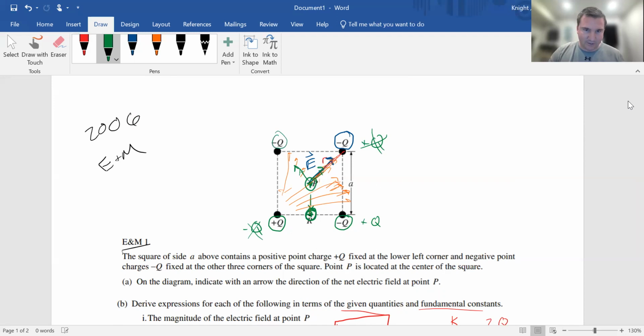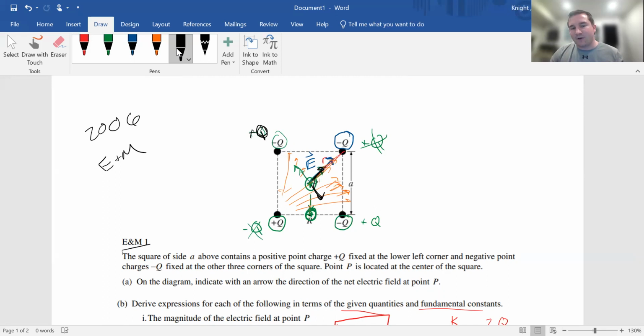Or you can replace this Q with a positive Q. Let me just do it in black so we can see. If we replace this with a positive Q, this stays a negative Q. We still have positive Q, negative Q, negative Q. So 2 and 2, those cancel in terms of potential. But when we look at electric field, this Q creates field this way, this Q creates field this way, this Q creates field this way, and this Q creates field this way.